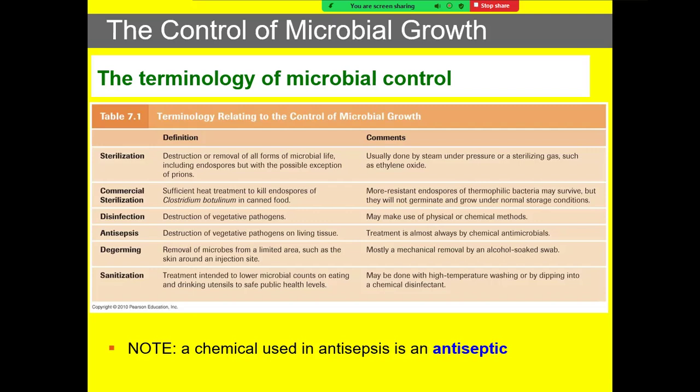Degerming refers to the removal of microbes from a limited area, such as the skin, before you inject with a needle. We degerm the area, usually with an alcohol swab. It is not an antiseptic because alcohol is so weak that a lot of the cells will be left behind.